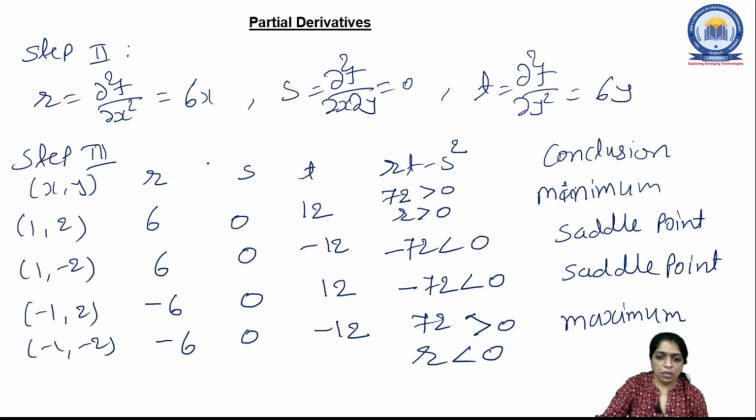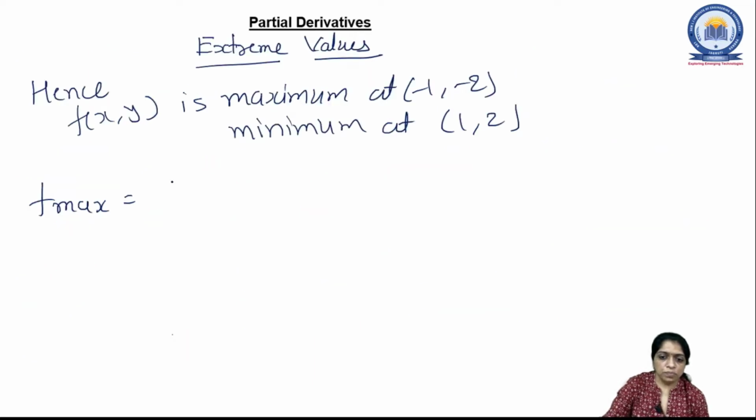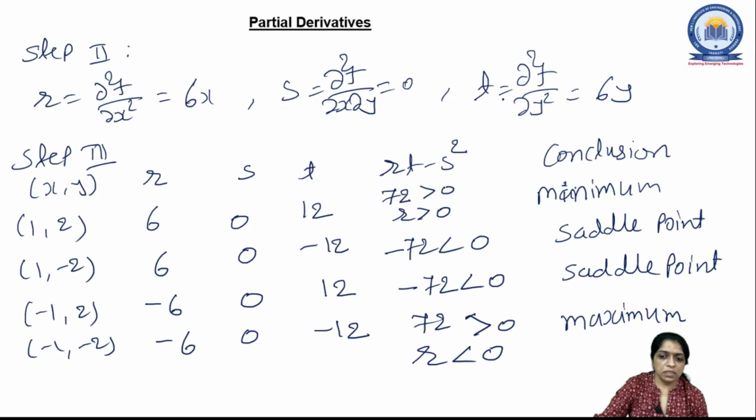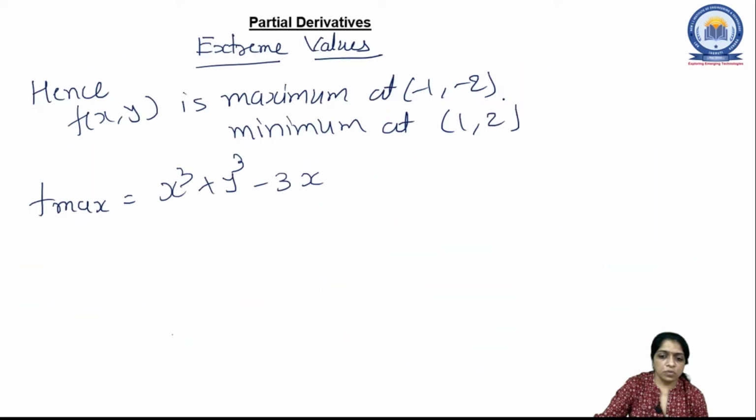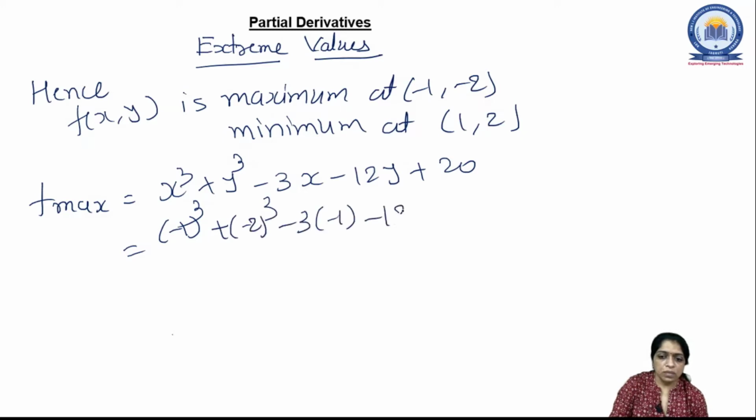So here, x cube plus y cube minus 3x minus 12y plus 20. I am substituting the value: minus 1 cube plus minus 2 cube, minus 3 times minus 1, minus 12 times minus 2, plus 20, and after simplification the answer is 38.